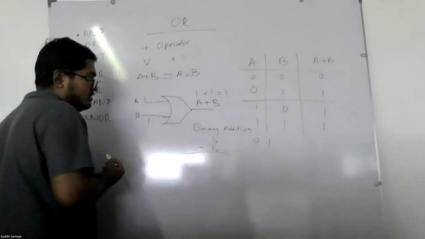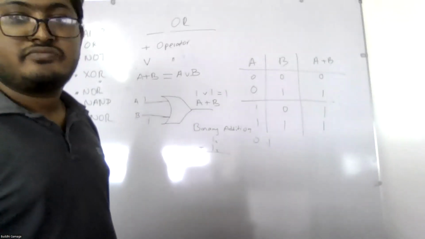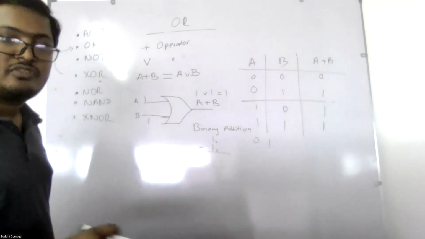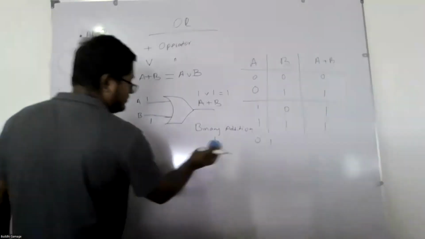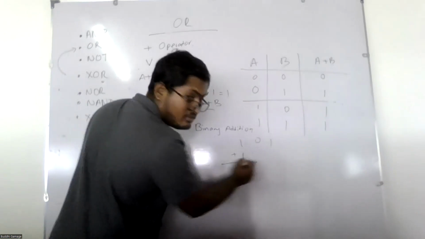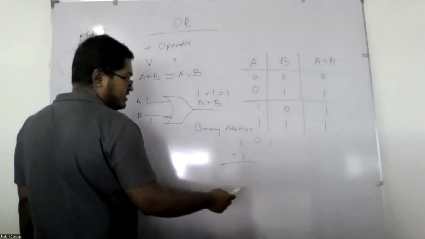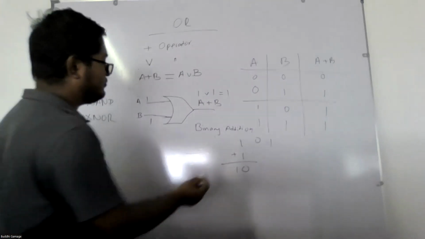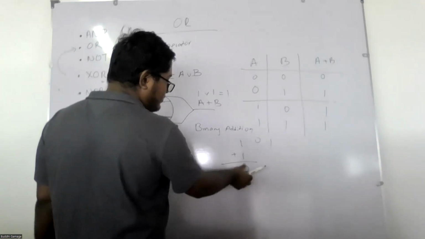So what is the addition of two 1s? Anyone? In binary addition, it's 1 0, right? 1 plus 1 is 2, and 2 can be represented in binary form in this way.